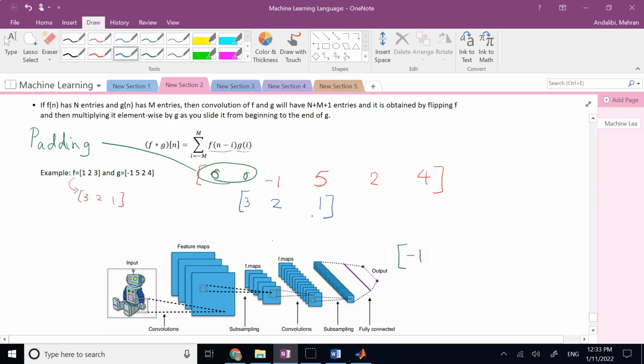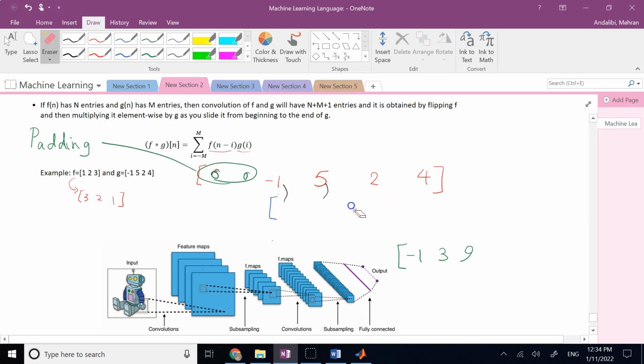Okay, and now again do element-wise product. So it's 5, -2 plus 0, so that's 3. So here we go, I put 3. Slide it 1 more time. So now it should come here. Do the product again, right? And that's 12 minus 3, that's 9.